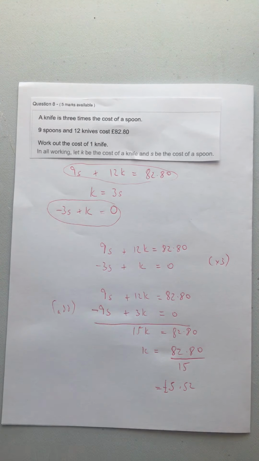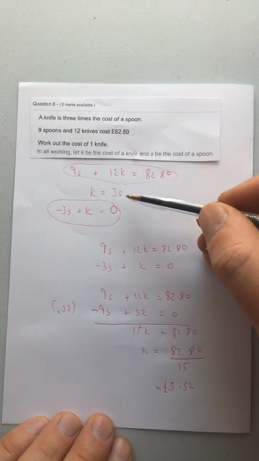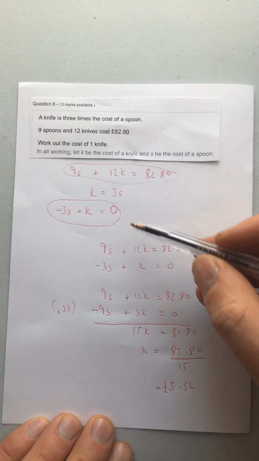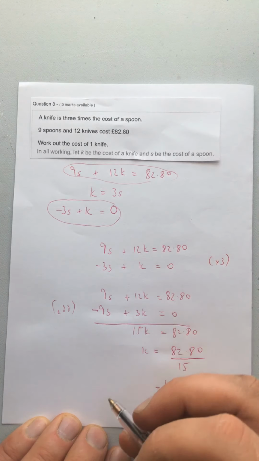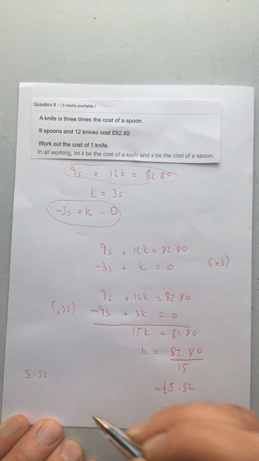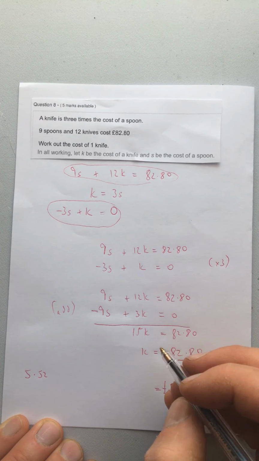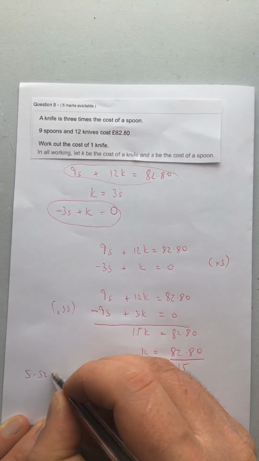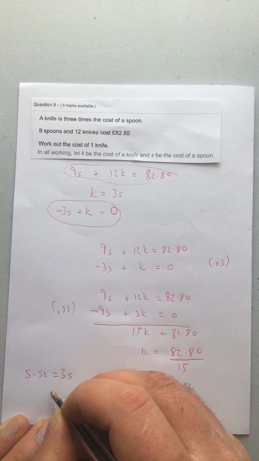So if I substitute in, I know a knife costs this, so if I substitute this into here, I've got £5.52, the cost of a knife, is equal to 3S.